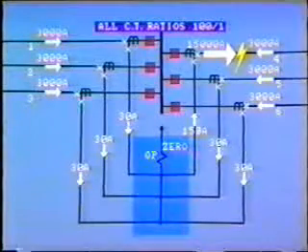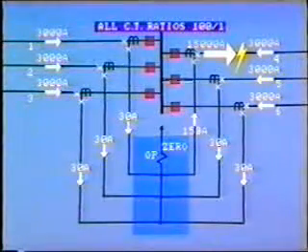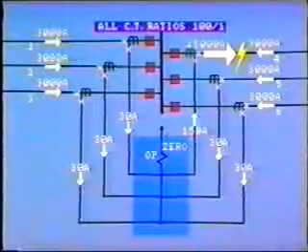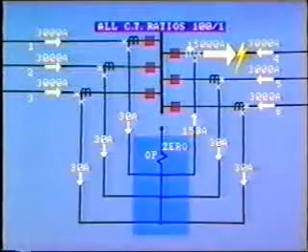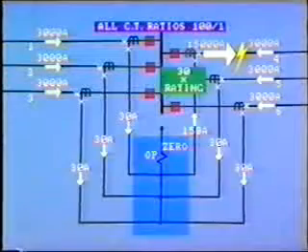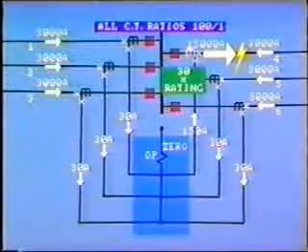This is what we would like to see, but in practice, it does not happen like this. The problem lies with the different response by the CTs to the widely different current values. The level of current in this CT on the faulty line is 30 times its rating, so it is way over its saturation limit.